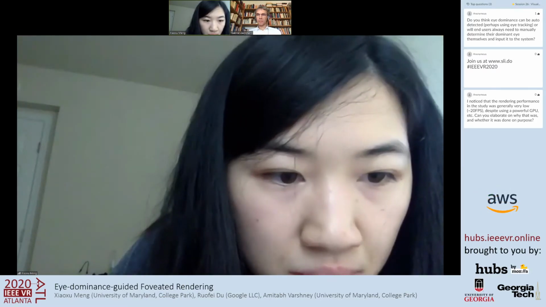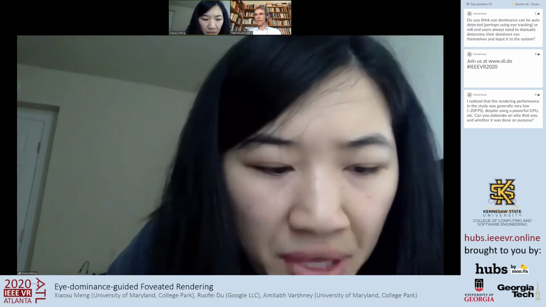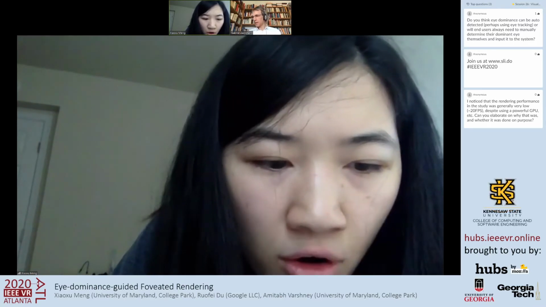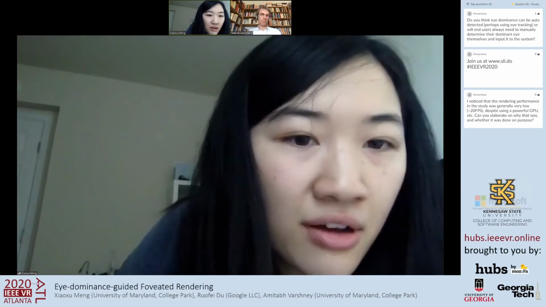Okay, so when you use this powerful GPU, the speed up was still around 1.5 or 2, depending on the comparison. The maximum speed up we have detected is 1.47 times, but we get this speed up with no sacrifice of perceptual quality.